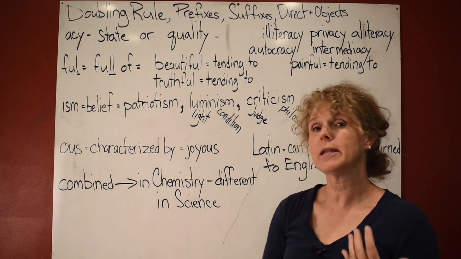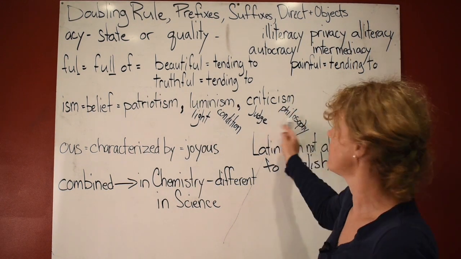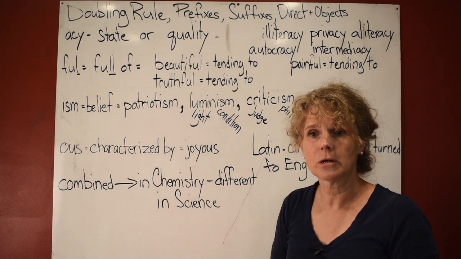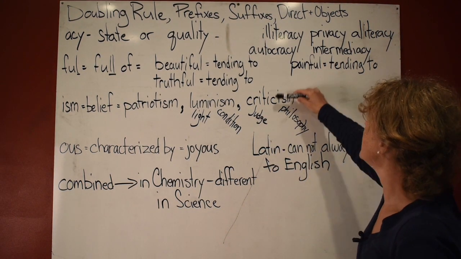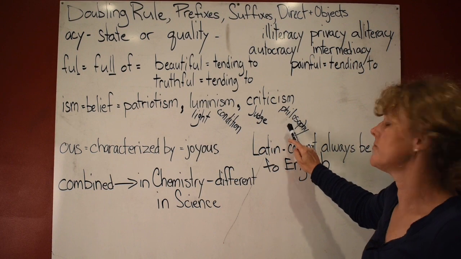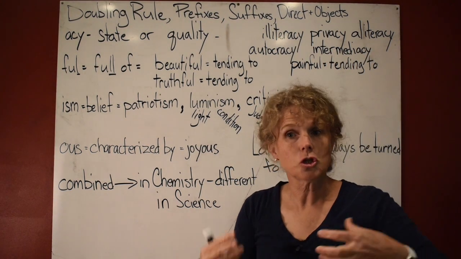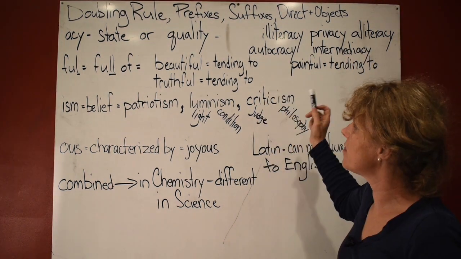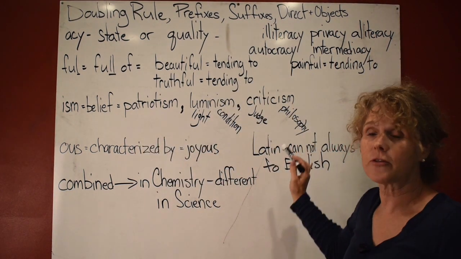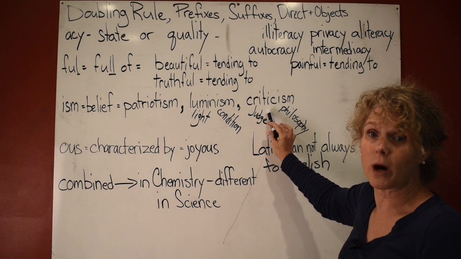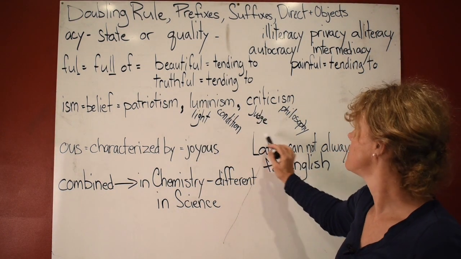So depending on how you're taking it, depends on whether it's bad or not. Critic means judge, and ism here, I would say it's a philosophy, because if somebody's deciding to criticize you, it's what they believe. It's a belief of theirs. So it's their philosophy to choose to tell you what is right and what is wrong. Okay?